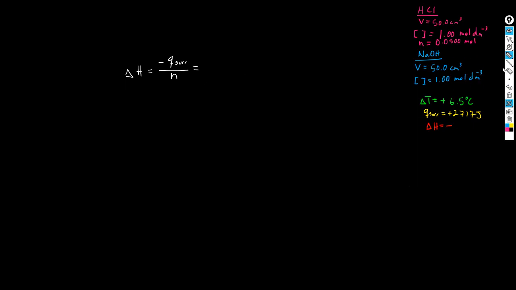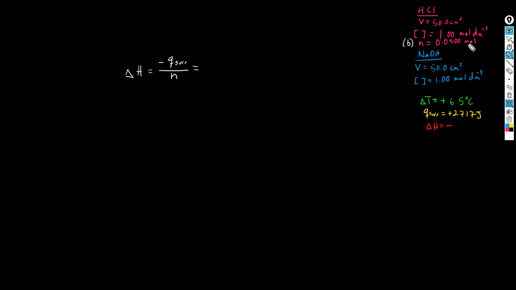From part B, we found that the number of moles of hydrochloric acid is 0.0500 moles. Now, we weren't given the numbers for sodium hydroxide, and we could do the math to figure out which one is the limiting reagent. But if you do that, you'll find that they are actually the same number of moles, and it's a 1-to-1 ratio in the reaction. So it doesn't actually matter which one you use.